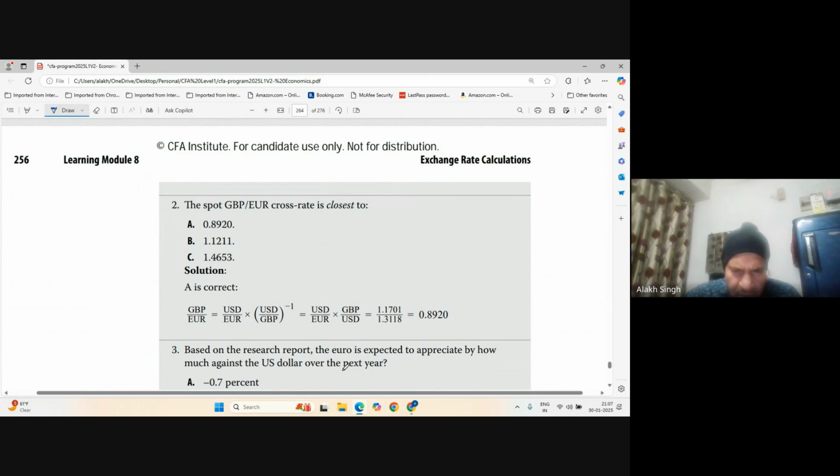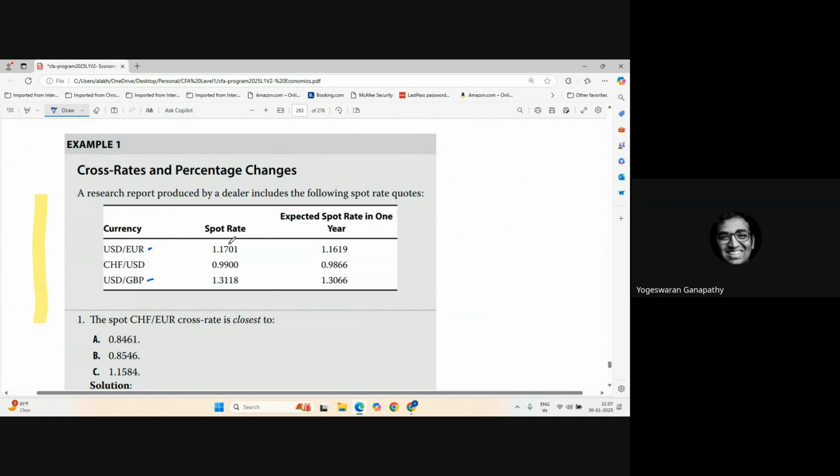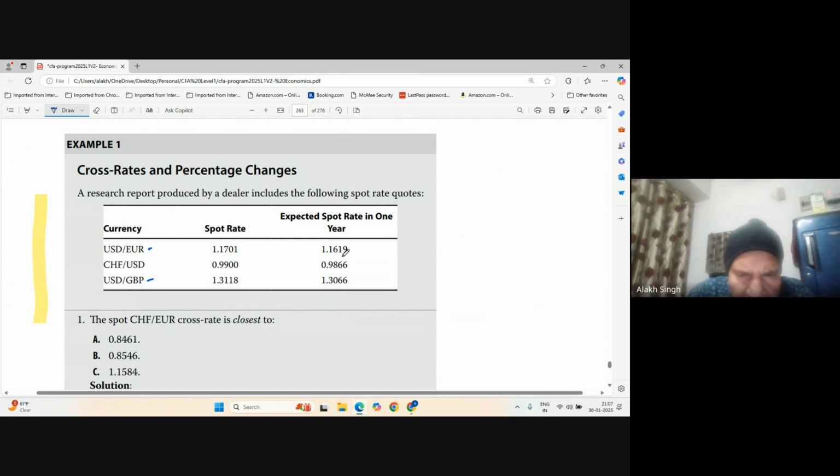So appreciation of euro against dollar. We need to calculate this probably. Euro by US dollar, it is already given: 1.17 and 1.6119. Which one is appreciating? Euro is appreciating by how much then?